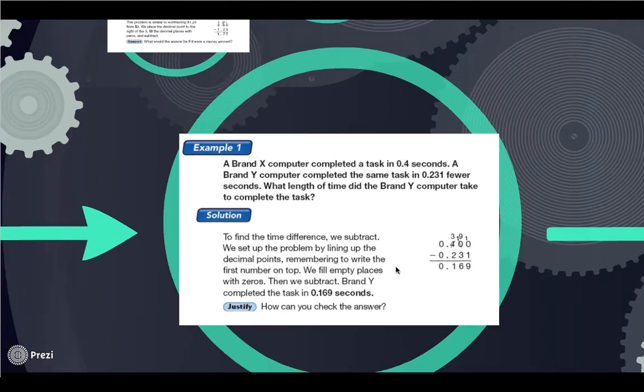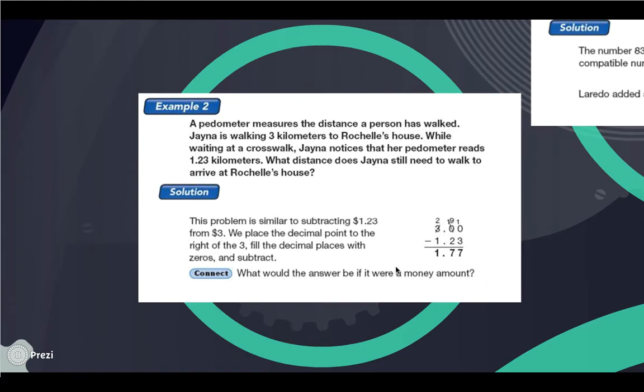Example number 2. A pedometer measures the distance a person has walked. Jaina is walking 3 kilometers to Rochelle's house. While walking at a crosswalk, Jaina notices that her pedometer reads 1.23 kilometers. What distance does Jaina still need to walk to arrive at Rochelle's house? We're taking 1.23 away from 3.